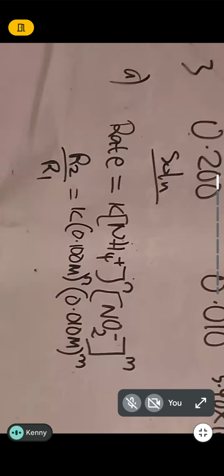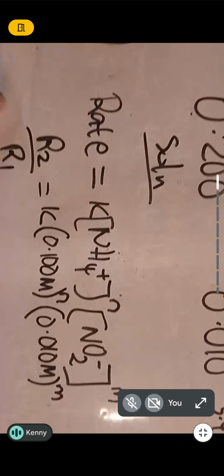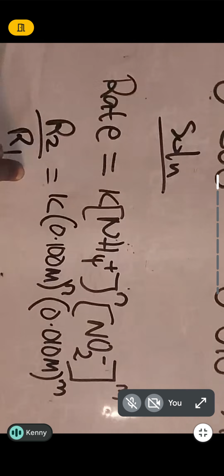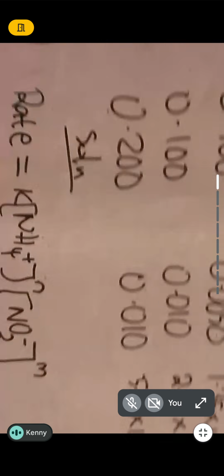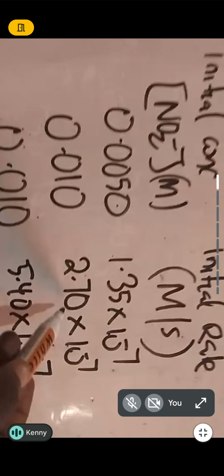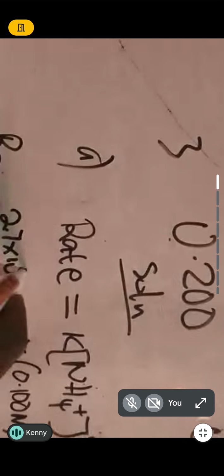So since we are looking at rate 2 over rate 1, which is equal to, rate 2 is this one here, 2.7 times 10 to the power negative 7.